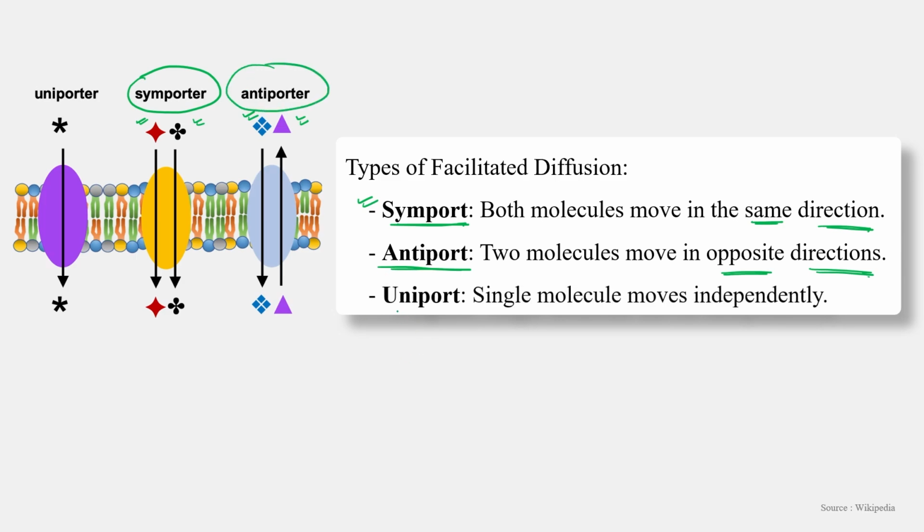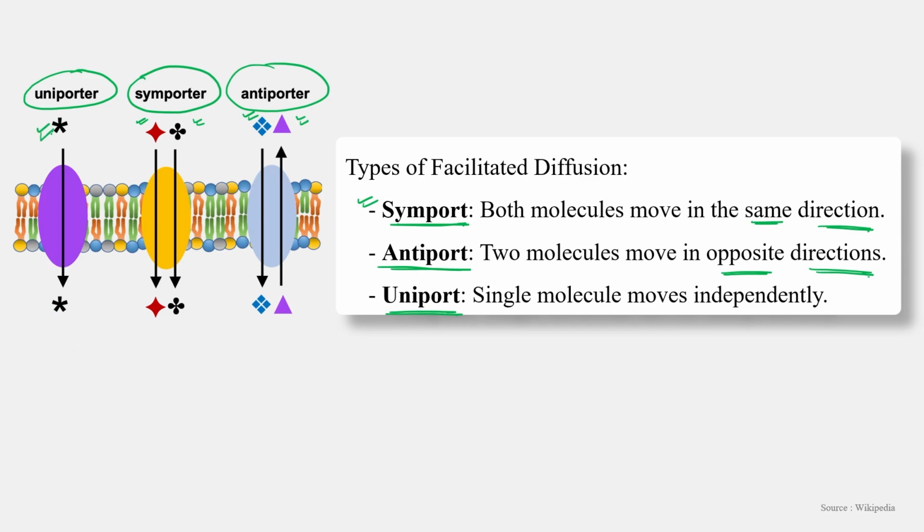The third term is uniport, in which only a single type of molecule moves independently in one direction, or in any direction, either inside or outside.